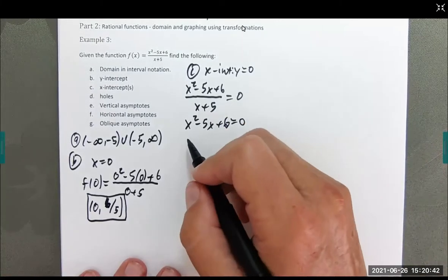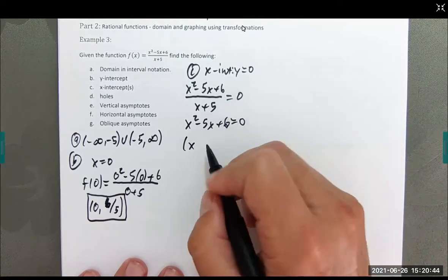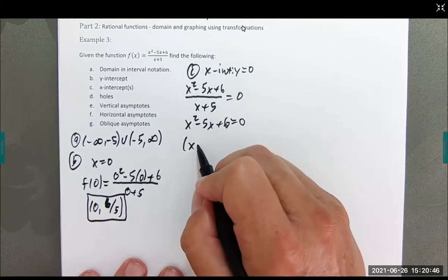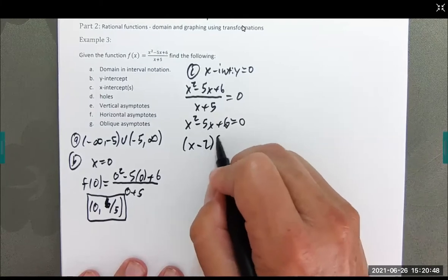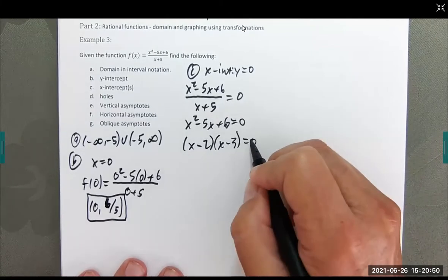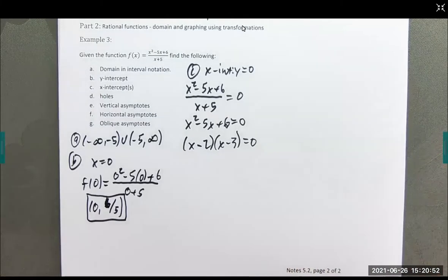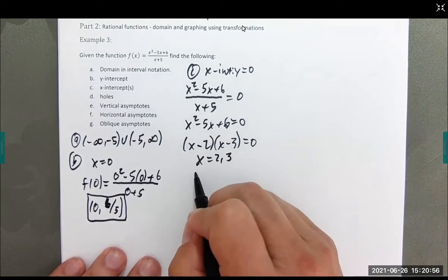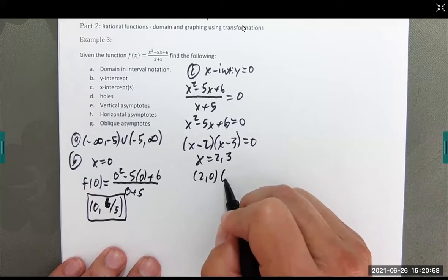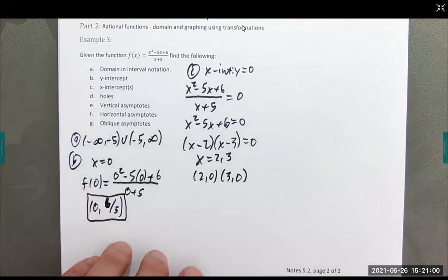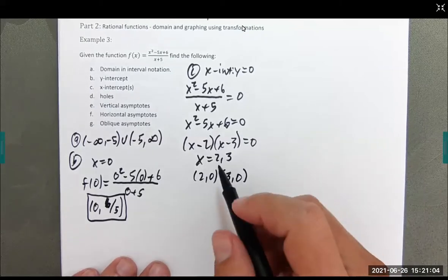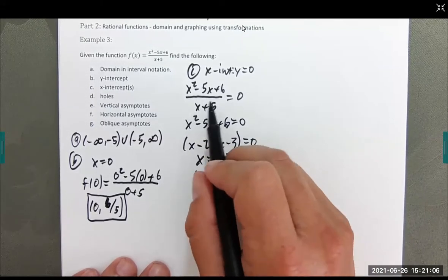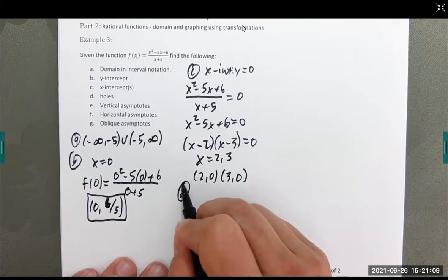And very nicely, that's factorable. X minus 2, x minus 3 equals 0. So this means that x equals 2 and 3 are my x-intercepts. So 2, 0 and 3, 0. Part D, there are no holes. These do not reduce with the x plus 5. So D, no.